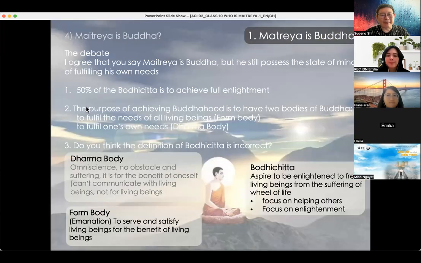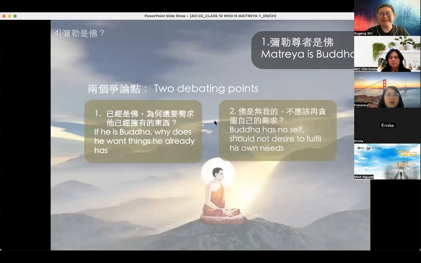Therefore, here we summarize again. Bodhicitta means you aspire to be enlightened, to free living beings from the suffering of the wheel of life. Enlightenment is for self, helping others is for others. So these are the bodhicitta. Now, Maitreya is a Buddha. If he's a Buddha, why does he want things he already has?